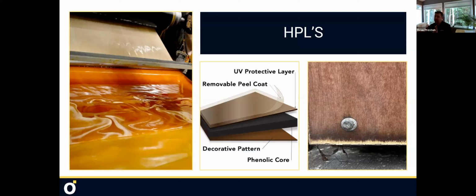HPLs have reformulated a few times over the last couple dozen years since they've been invented, but we still have issues with things like delamination from time to time, or the edges discoloring, or wicking in water around the edges, and so you get a small mushrooming and various things that they have struggled with since their inception.